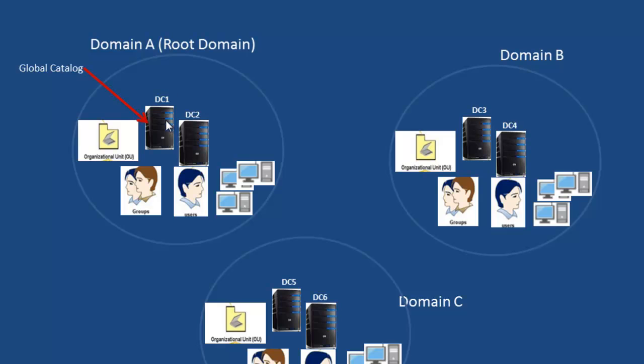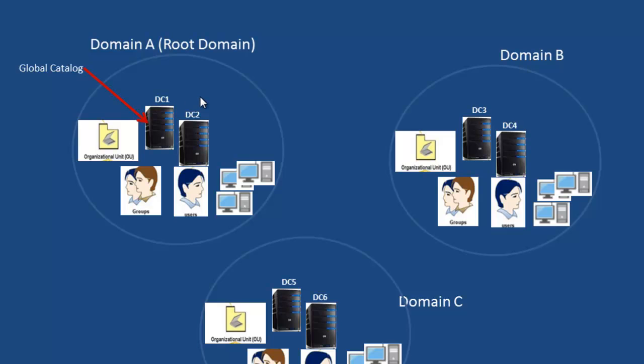Now, DC1 is the first domain controller that was installed. And when a domain controller is installed, as you saw on that installation screen, the global catalog also gets installed on that very first domain controller.